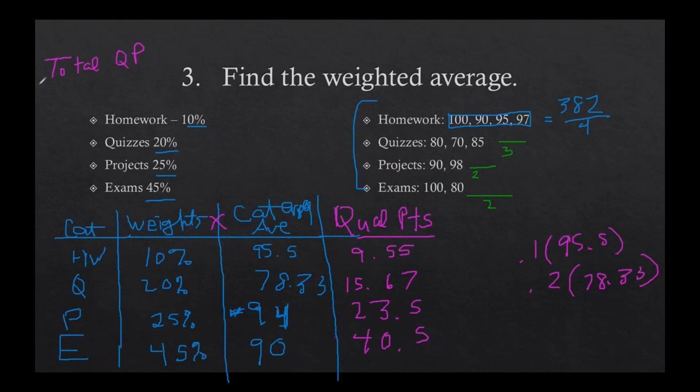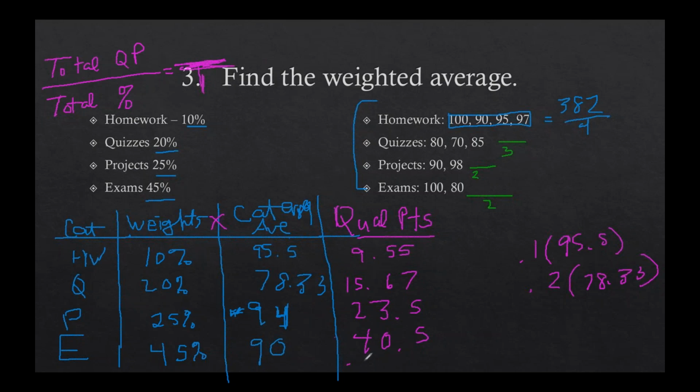Now, for every weighted average problem, you're always going to take your total quality points and divide it by a total of something else. So in this case, anytime you're dealing with percents, you would divide by the total percent. And that makes the math in this problem very easy, because the total percent, we already know that's 100%. And 100% as a decimal is just 1. So I'm going to have something over 1.